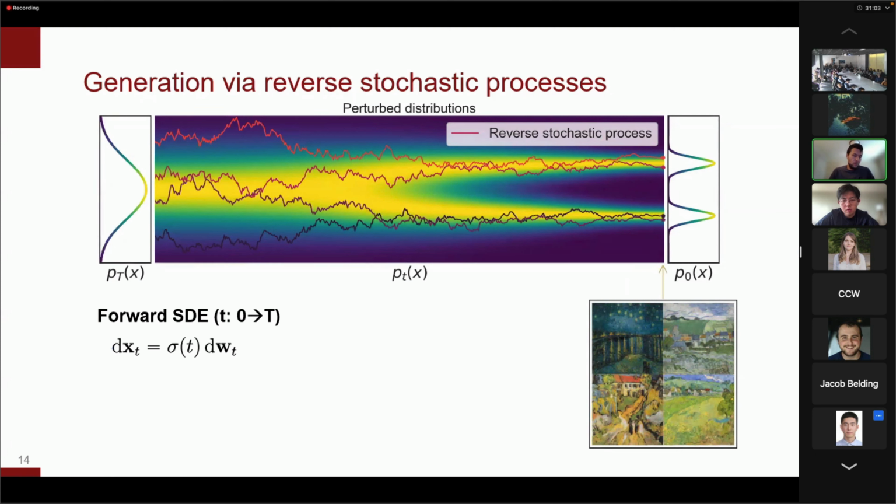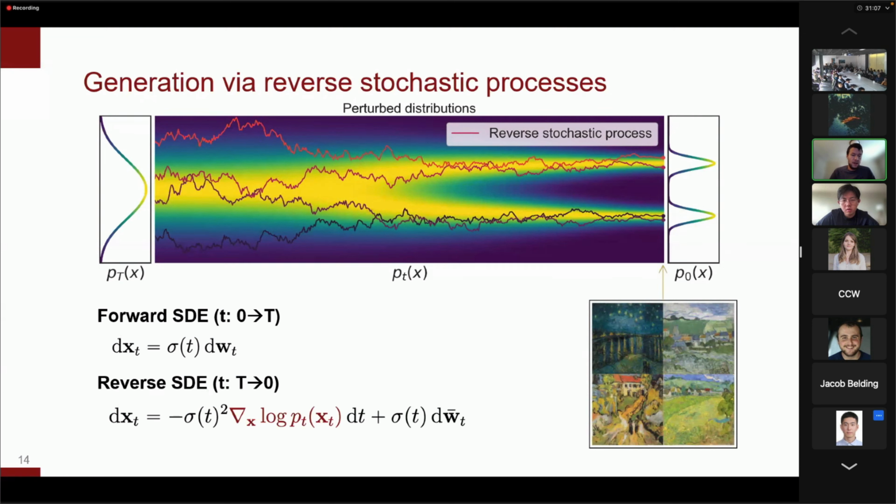And crucially, it can be shown that the reverse time SDE that goes from noise to data can be described analytically in terms of the score function. So if you have access to the score function of all these densities that you get over time by convolving the clean data with noise, then you can, in principle, solve this reverse stochastic differential equation, and you can turn noise into data.